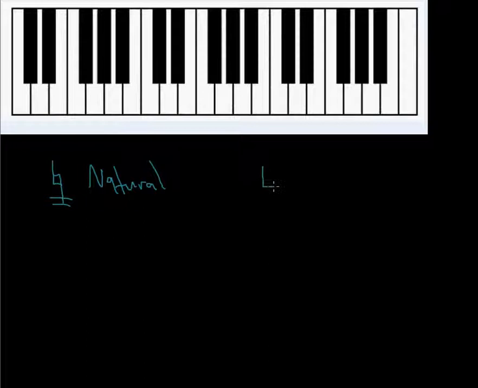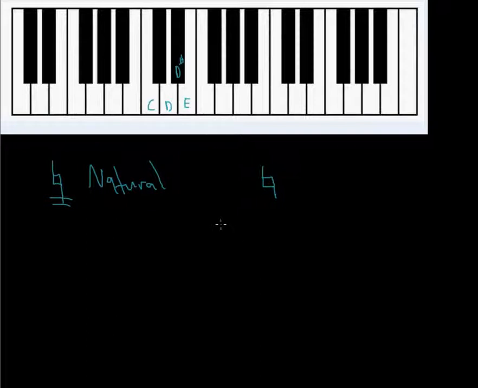It's kind of like you do an L, and then you do kind of like an upside down L. And this basically just means not sharp and not flat, right? So this is a C natural. This is a D natural. This is a D sharp or an E flat. This is an E natural.